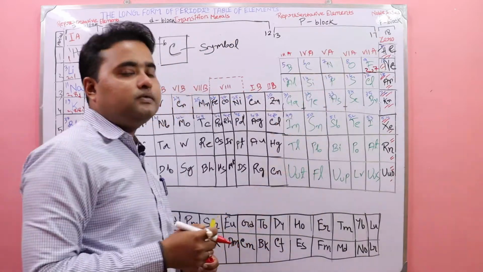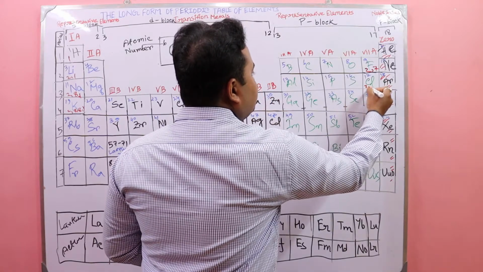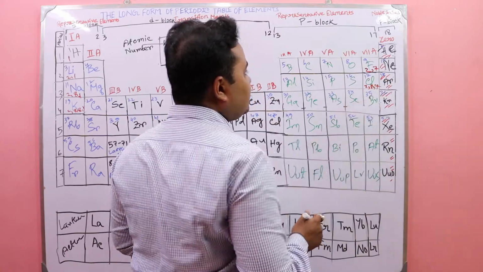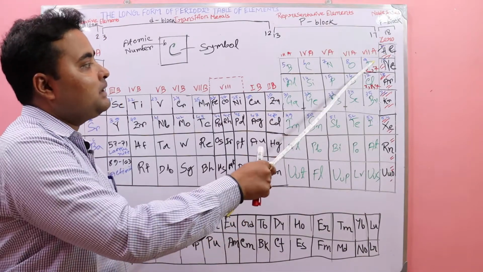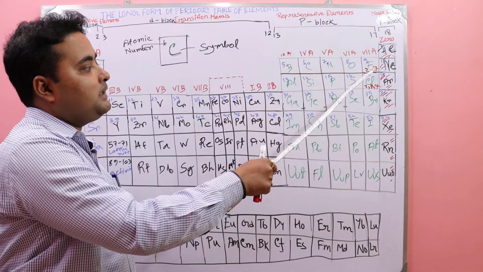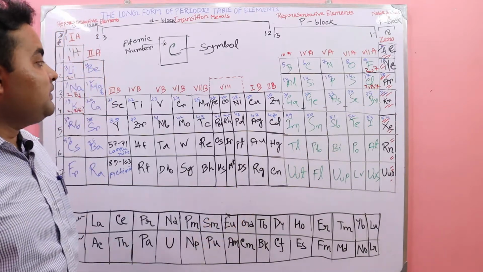Atomic number is 9, that's why 2, 7. Okay. And this is 2, 8, 7. Like that way, here also the outermost shell configuration is 7. And also here this 7 you can place.